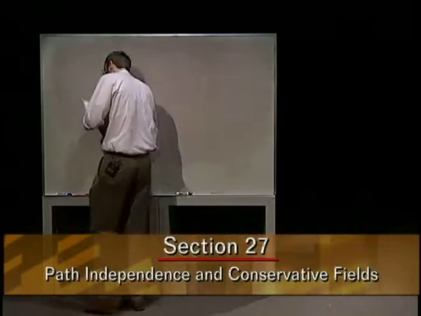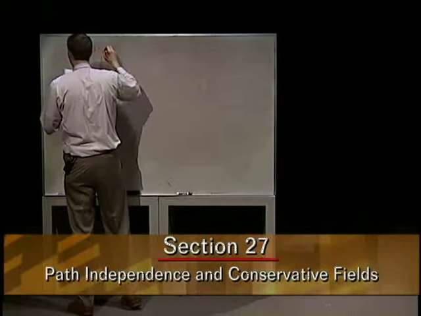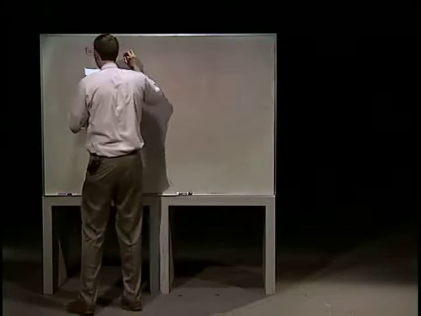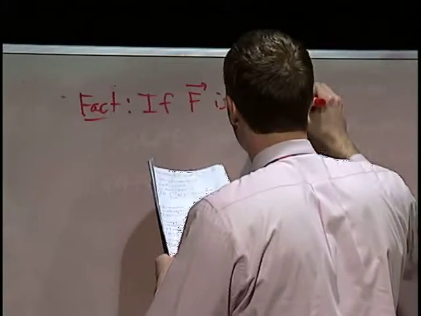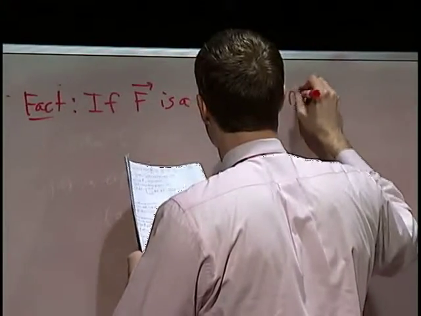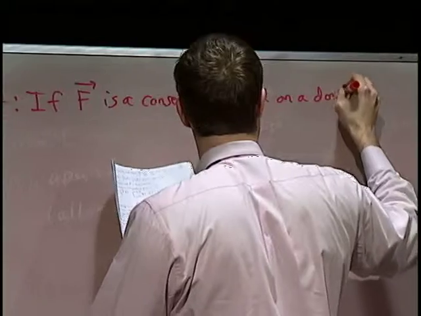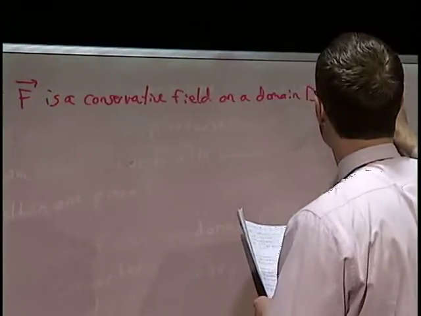Okay, so fact. This is a useful thing too, especially when you move into things like complex analysis. This comes up all the time. So if F is a conservative field on a domain D, then the following is true.